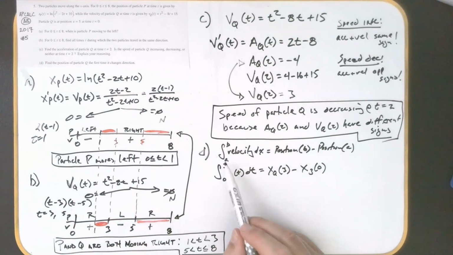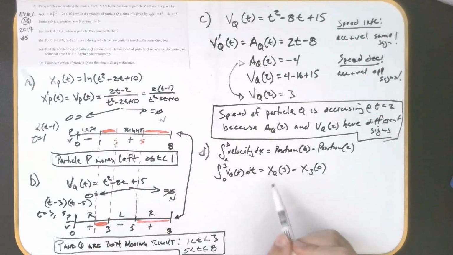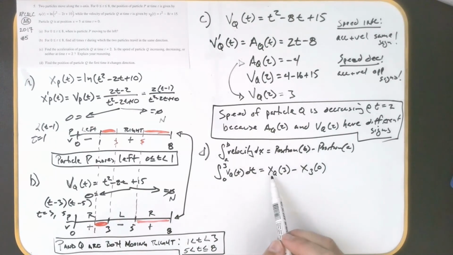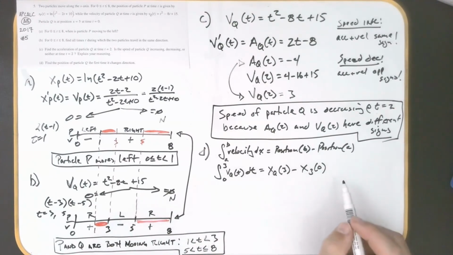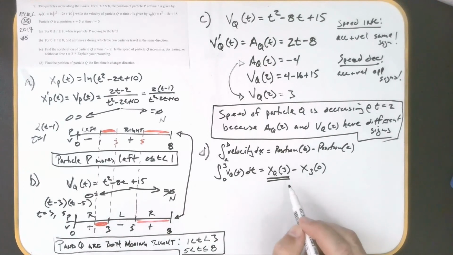I'm integrating velocity from 0 to 3. Because it's sideways motion, my position function is an x. So the integral of velocity is position, x sub q, because q is the point, at 3 minus the x at 0, because that was the interval 0 to 3. This is what they want to know: the position of particle q the first time it changes direction, which is at 3.